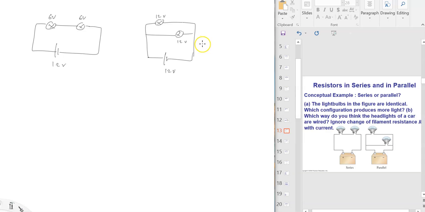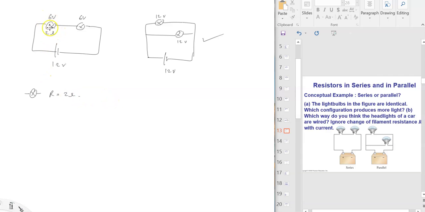Which configuration produces more light? It's going to be this one, because resistance is going to be the same, right? For example, if we say the light bulb has a resistance of, let's say, 2 ohms, right?